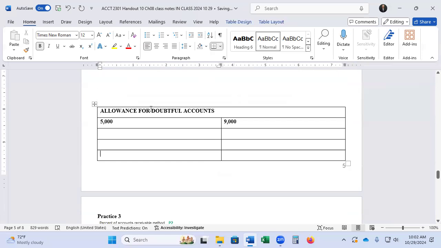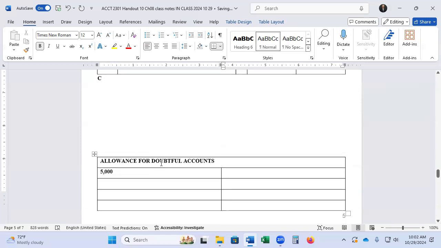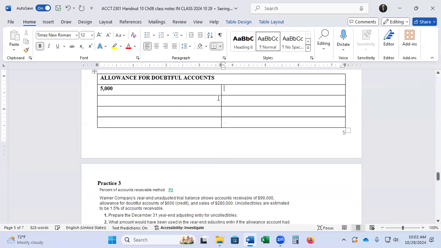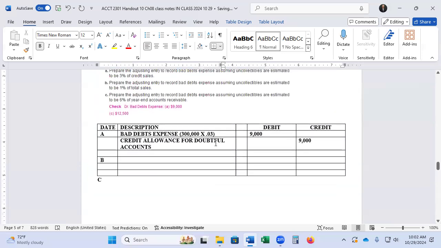You don't have to put this in yet because it's not really coming to fruition in this one, unless you want to call this A and then do B and C. But C is the important one for understanding this, because it doesn't matter what the balance is when doing it with the sales method. It matters with the percentage AR because it's going to affect your number. But in that first instance, it would just be a $9,000 credit and you'd have a $4,000 ending balance.